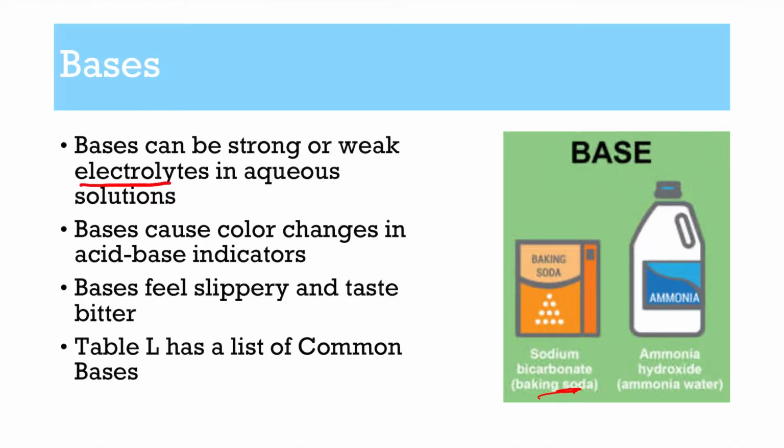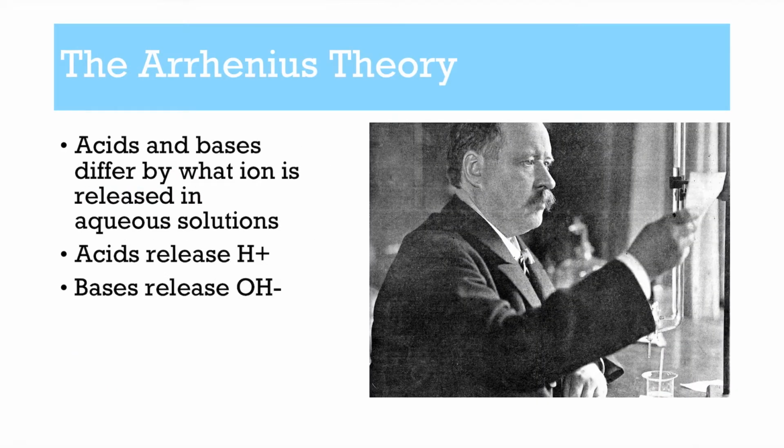If you've cleaned a sink and touched Ajax or something, that's ammonia, and it does have that slippery feel to it. Just like acids, there is a part of the reference table that gives you a list of bases you should be familiar with, and that is Table L.